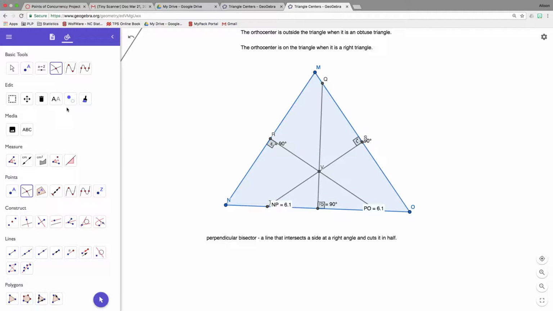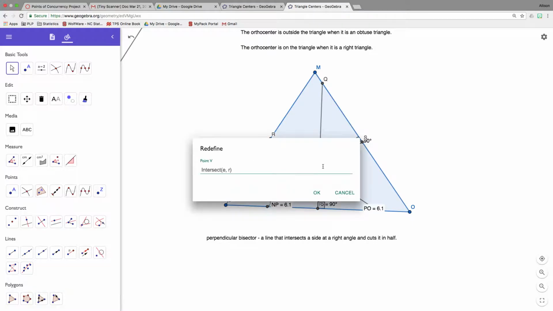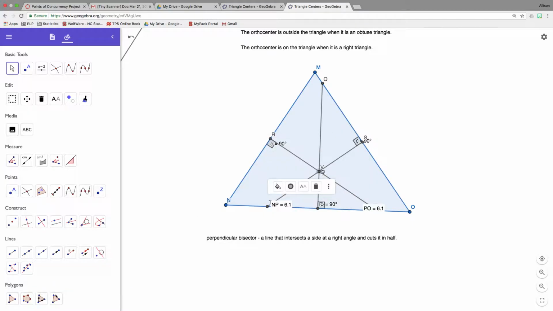So let's change V to the official name. It's called the circumcenter.